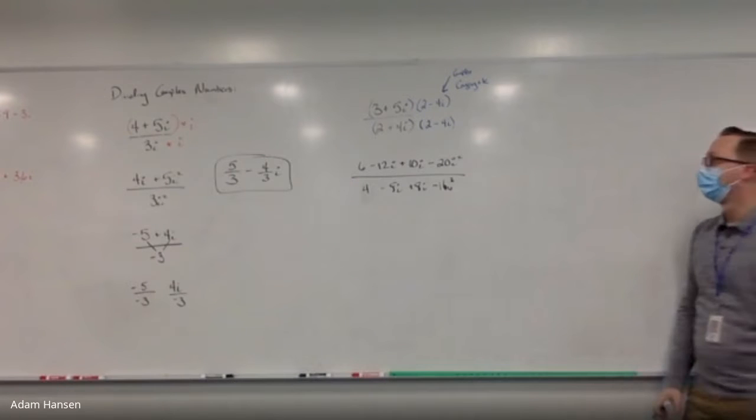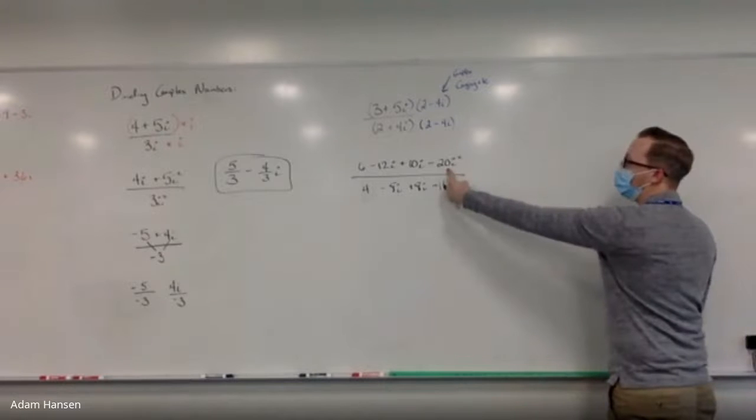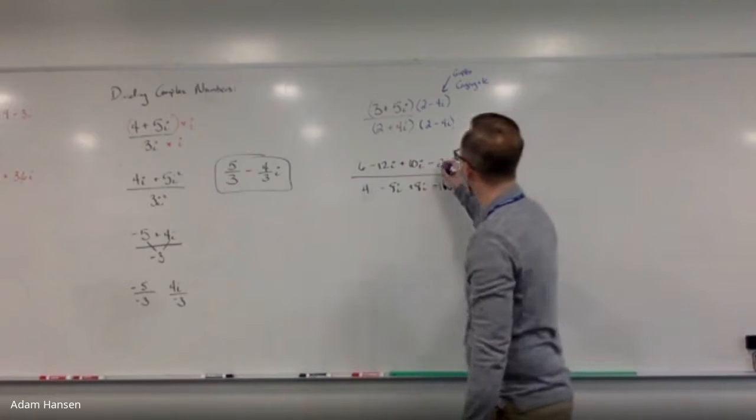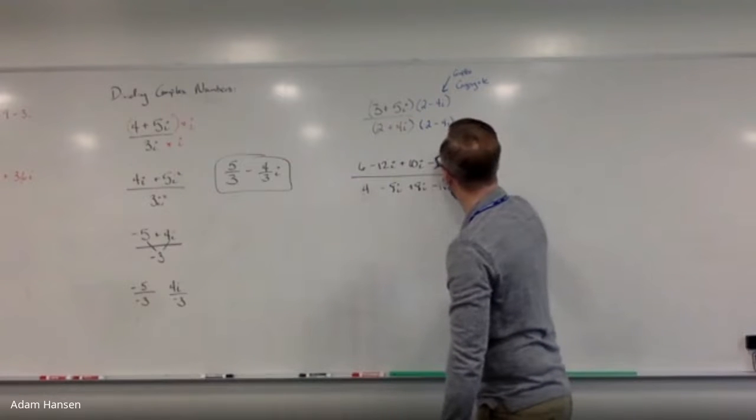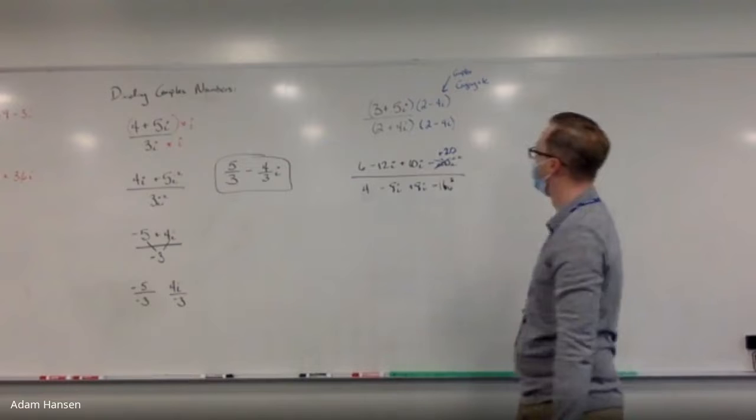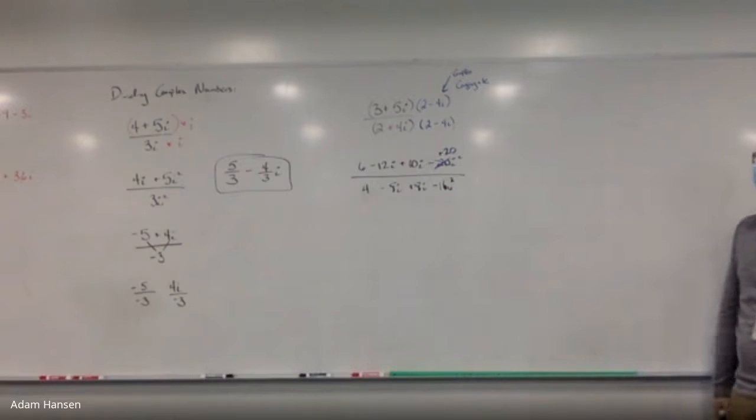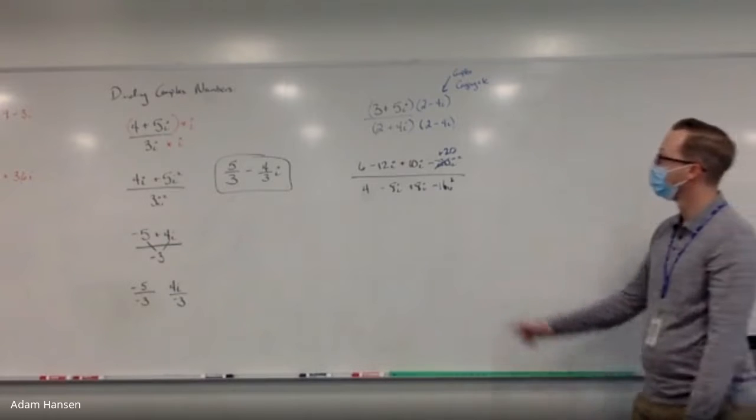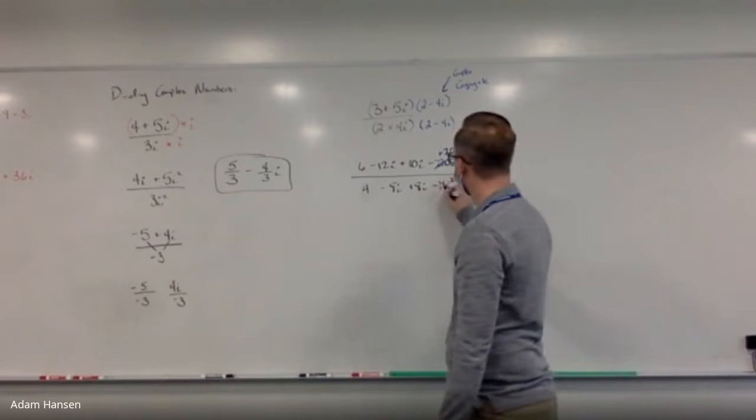Let's simplify the squares. What is negative 20i squared really equal to? Positive 20. So I'm just going to cross that off and put a plus 20. Okay, good. What's negative 16i squared? 16.